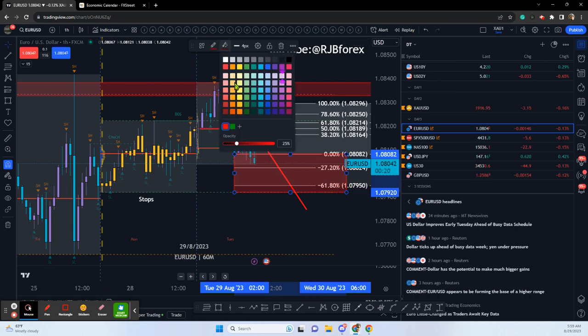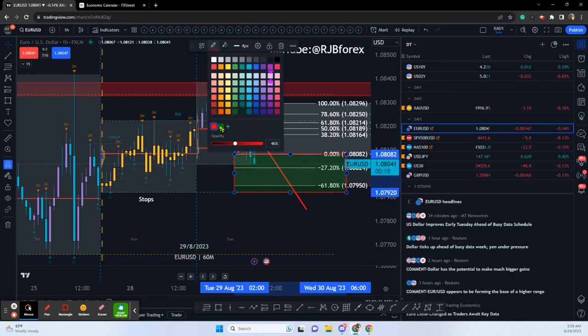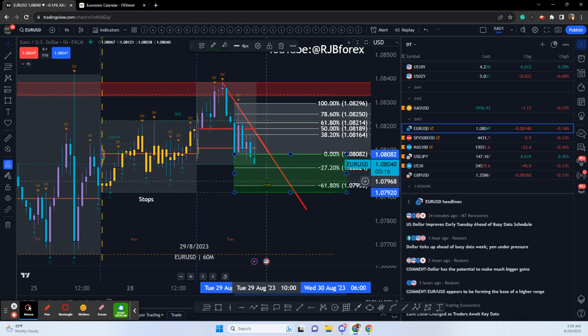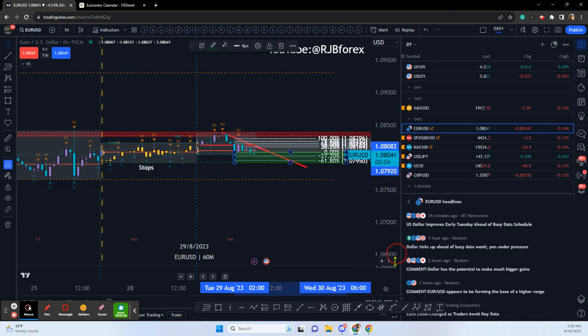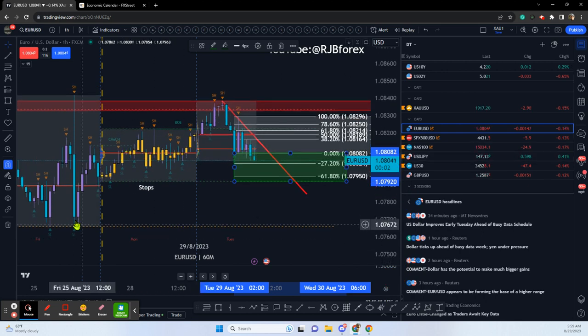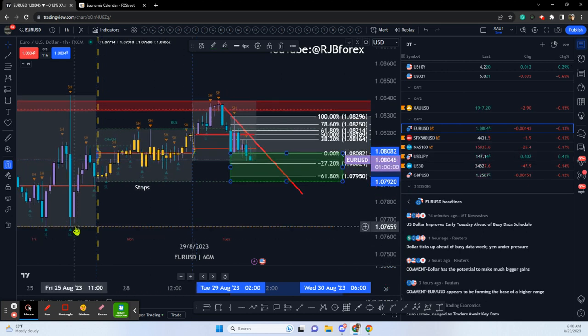All of that there, potential demand territory, and a break below yesterday's lows opens risk of a continuation through stops into last week's lows, down at 107.65.